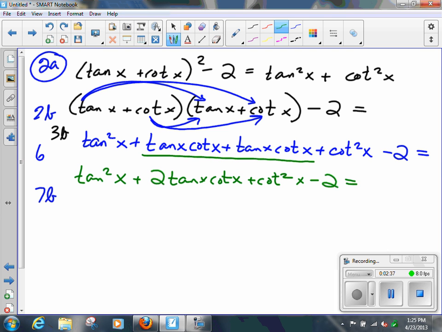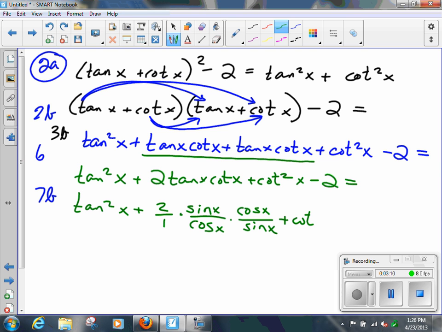Now, when I've got tangent and cotangent together, side by side, being multiplied to one another, that should make your ears perk up a little bit, because something's going on here. Aren't they reciprocals of each other? They'll equal 1. I'm going to write it like this because I need to see the work. Plus cotangent squared minus 2 equals the right side.